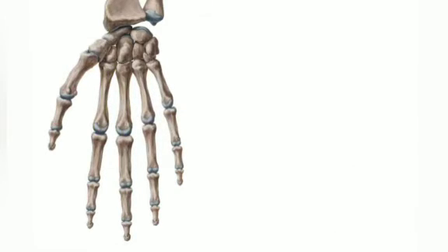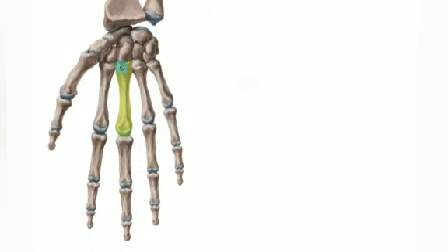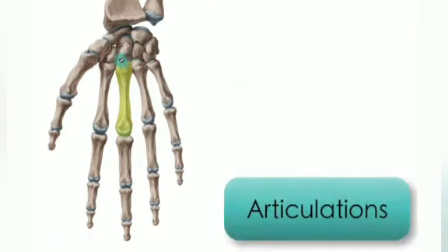Moving on to the third metacarpal, in the direction of the middle finger, you notice that this third metacarpal on the proximal side articulates with one carpal bone, this large one known as the capitate. On the proximal lateral side, it articulates with the base of the second metacarpal.